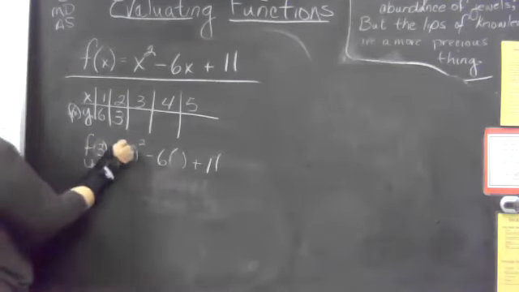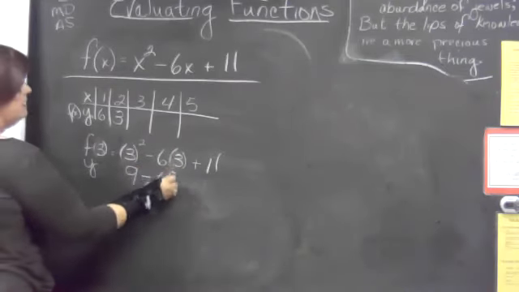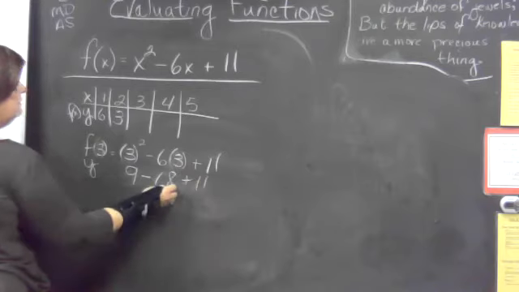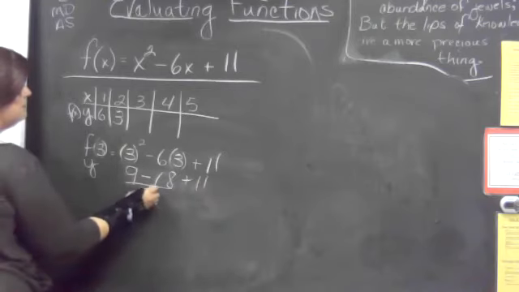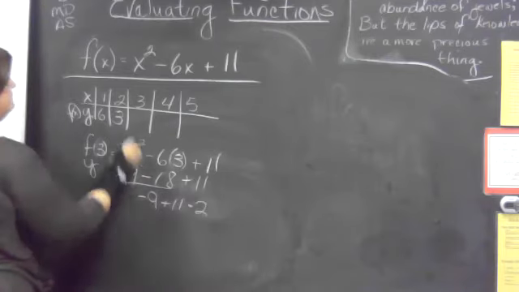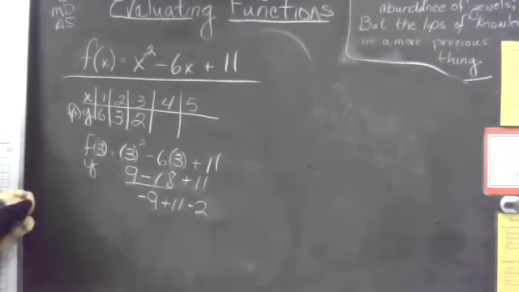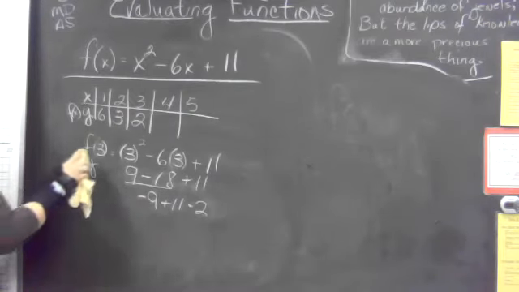F of 3, I'm going to plug in 3. So I have 9 minus 18 plus 11. 9 minus 18 is a negative 9 plus 11 equals 2. If y'all find a mistake, be sure and tell me.